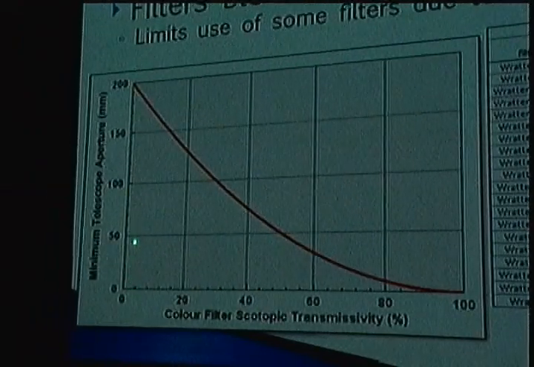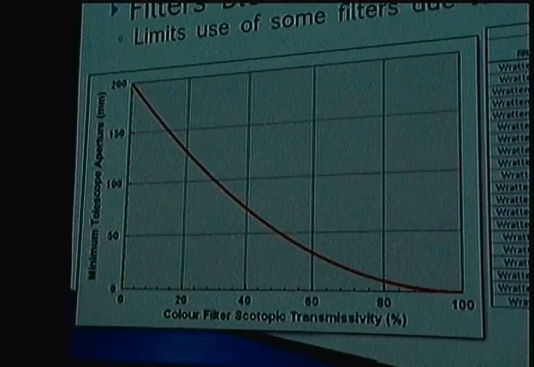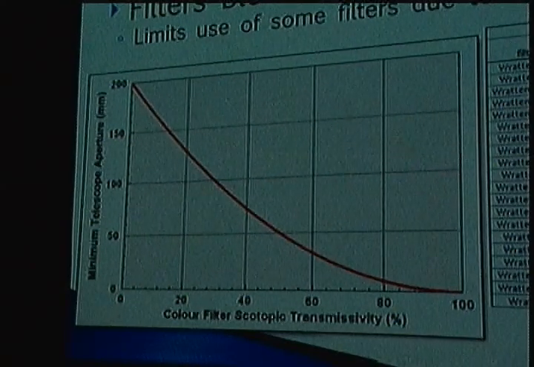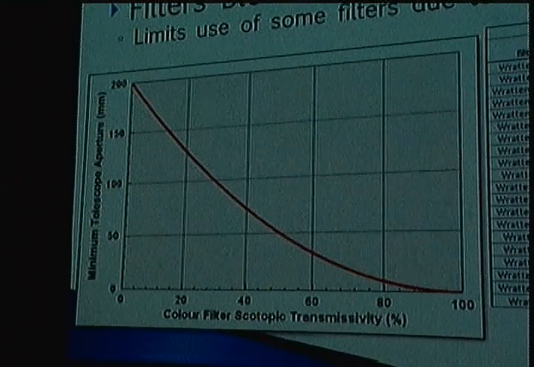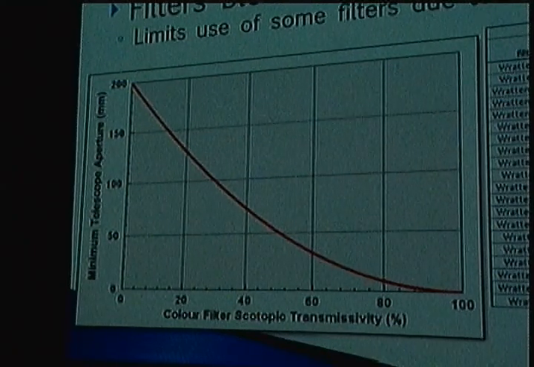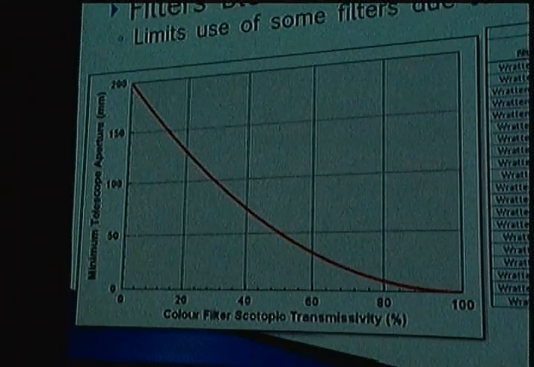So if we go way down here to 1.8%, you're going to need a telescope that's on the order of 8 inches in diameter or larger to be able to use that filter. So that kind of gives you an idea of what you need to keep track of. So that's if you're using these filters visually. Now, if you're planning to do imaging, it's a bit of a different story.